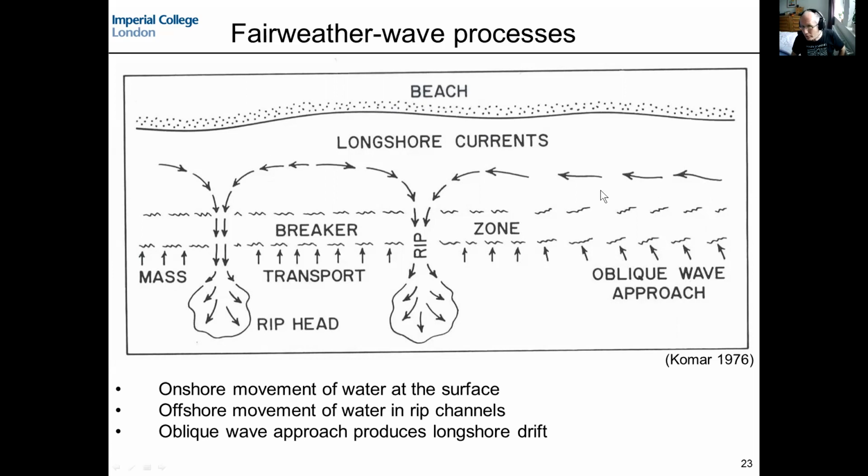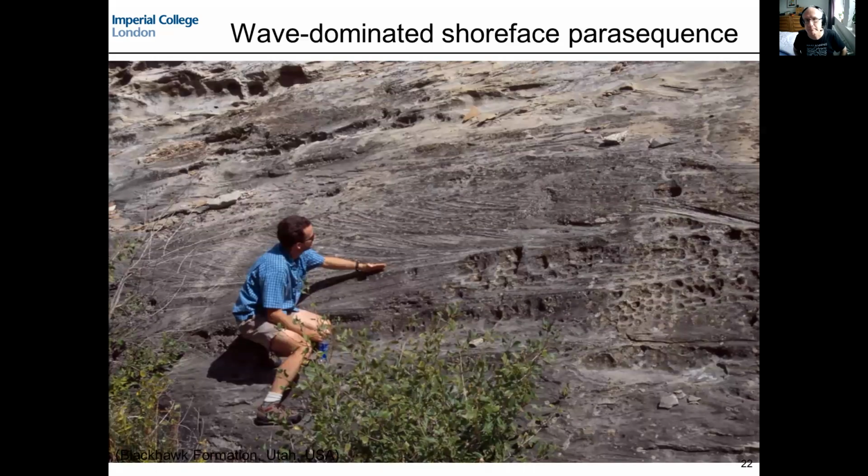That current flows in one direction, and that can be sufficiently strong to generate dunes, which again move in one direction, and that gives us an eddy current which is parallel to the shoreline. So I hope this diagram explains how waves can generate dunes and how we can generate currents or eddy currents that move in one direction, as I just showed you on this photograph here.